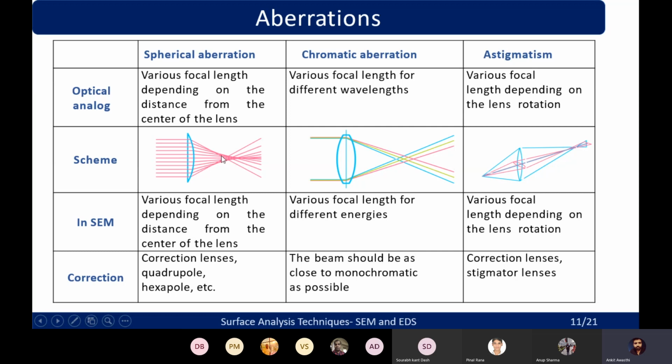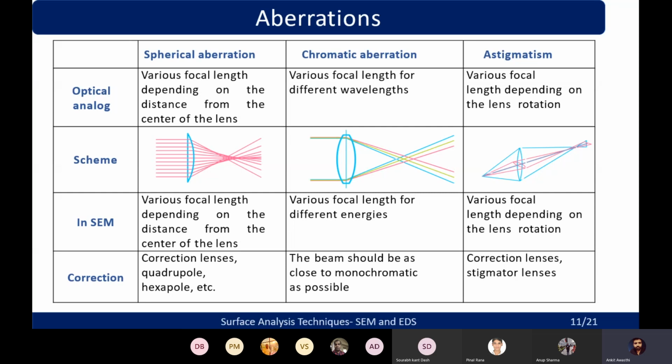Here you can see this spot has a minimum focal length, but if multiple beams are coming, different beams have some shift in the focal length. So here we use different kinds of correction lenses and quadrupoles so that we get the focal length for all these beams at a similar point.